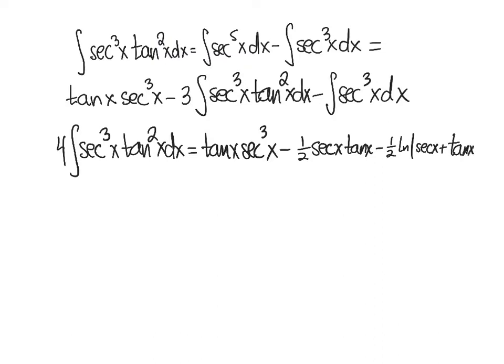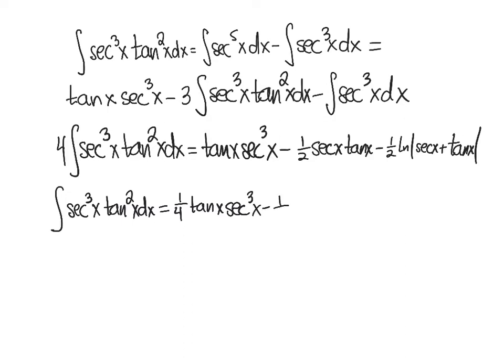And now all we have to do is divide by 4 and add c, and we have the integral of secant cubed x times tangent squared x equals 1/4 times tangent x times secant cubed x minus 1/8 secant x times tangent x and minus 1/8 times natural log of absolute value of secant x plus tangent x plus c.